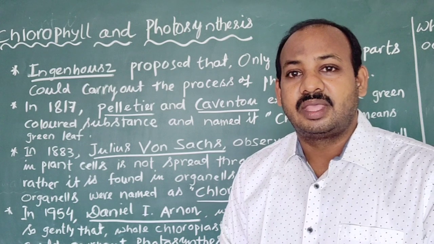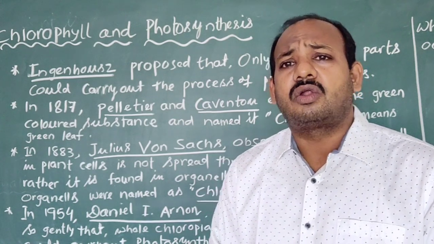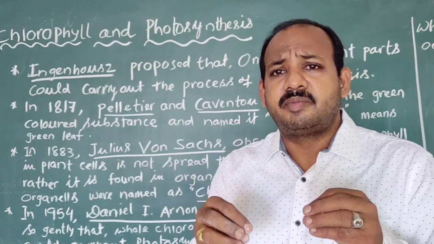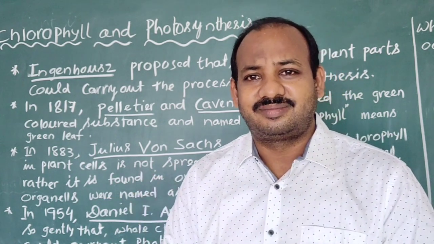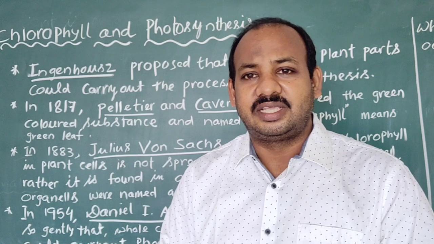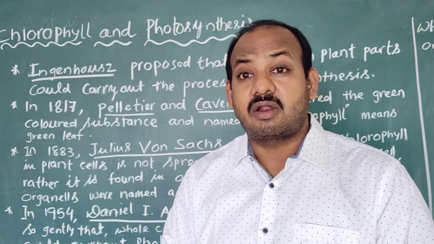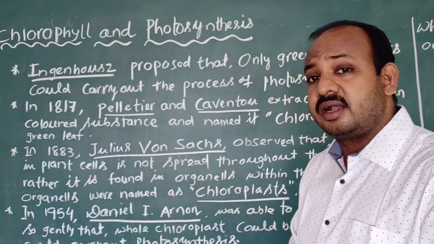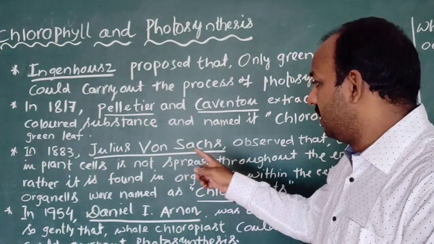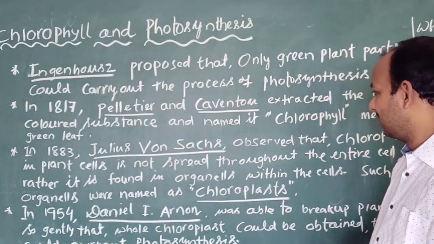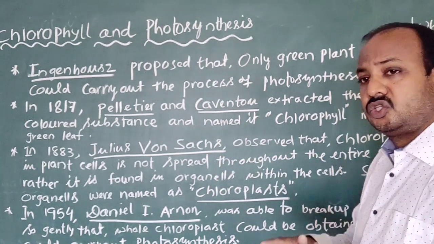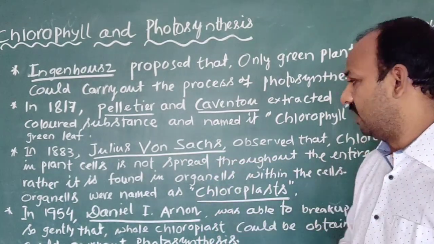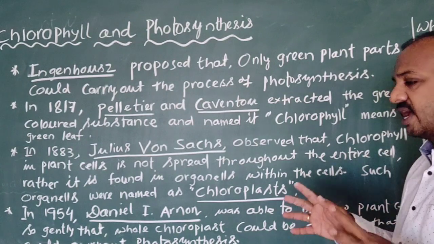Okay, children. In those times, they thought that this pigment may be spread throughout the plant cell. But later on, in 1883, Julius von Sachs observed that chlorophyll in the plant cell is not spread throughout the entire cell.